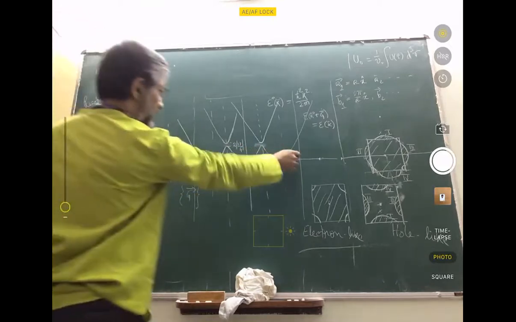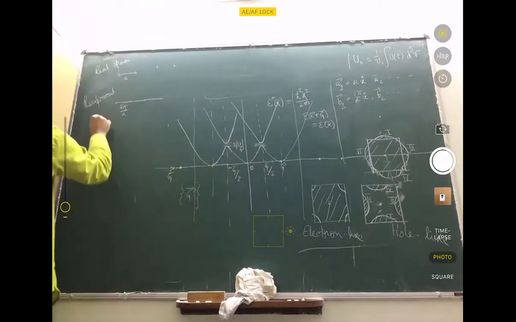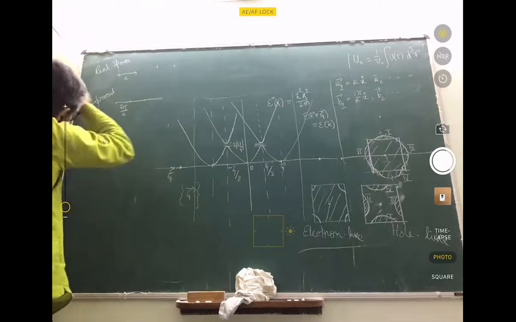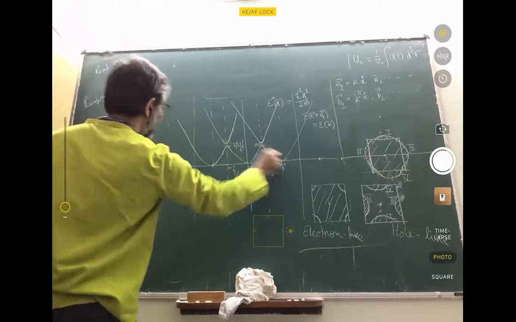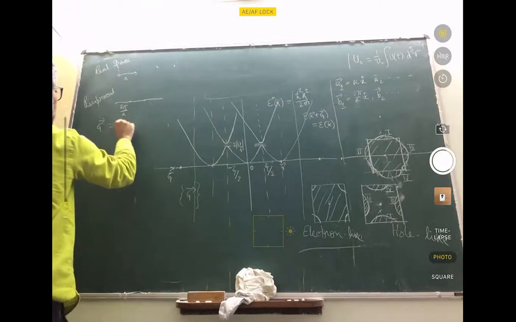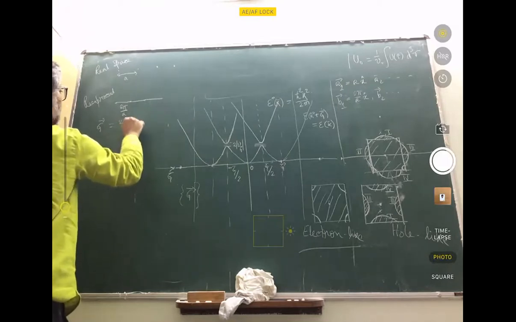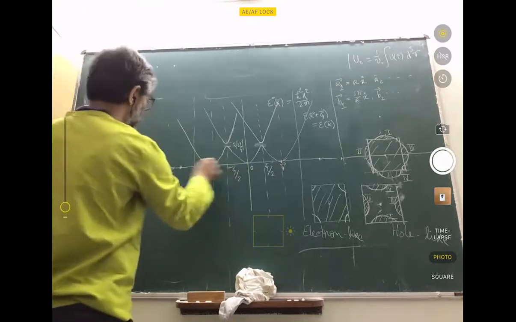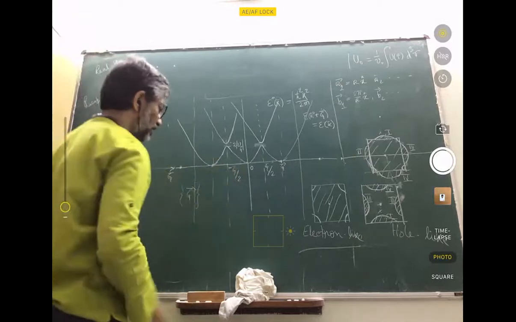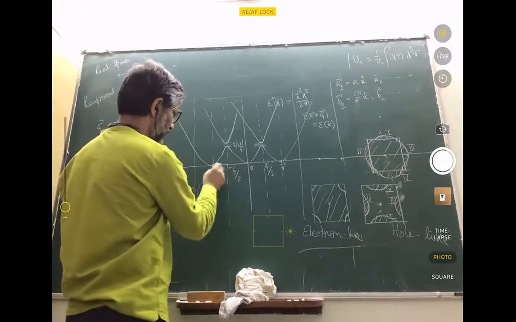So I'm drawing that here. This is my origin, so this length would be 2π over a, and so on. Similarly, I have a minus G in this direction.